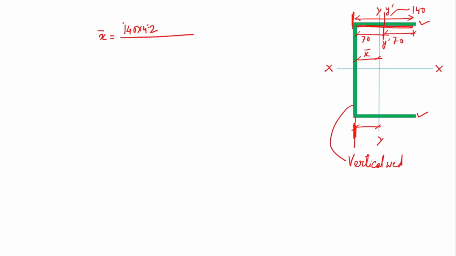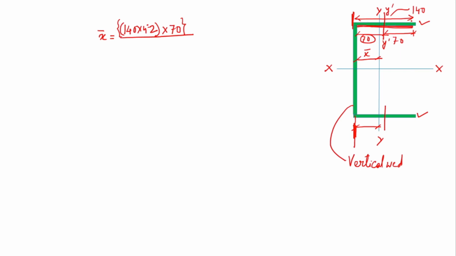First I shall calculate the area of that horizontal part, and it will be multiplied by the distance of the centroidal axis of the horizontal part of the weld from the vertical weld. That means this distance I have to multiply into 70. This is for the top horizontal portion of the weld, and for the bottom horizontal portion the case is the same, because both are symmetrical.